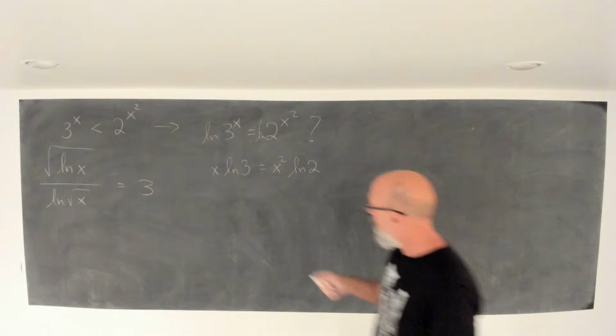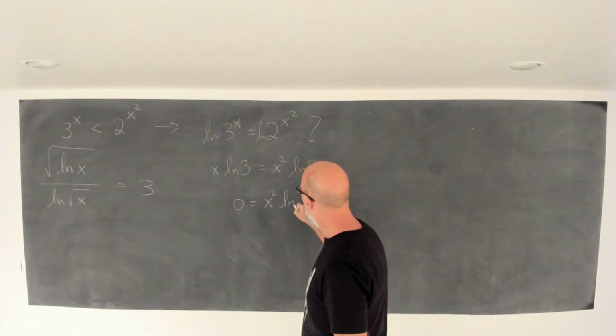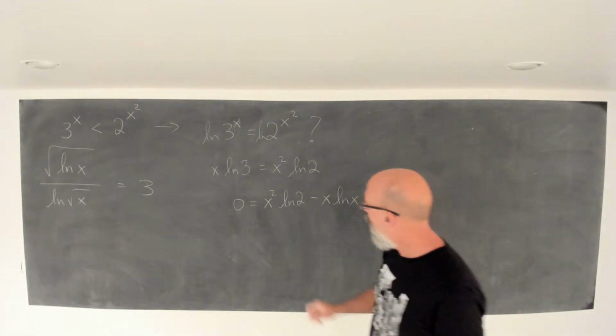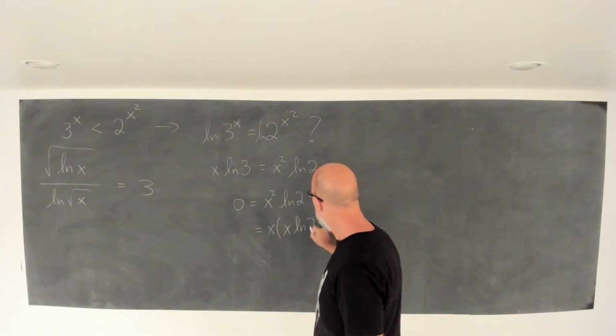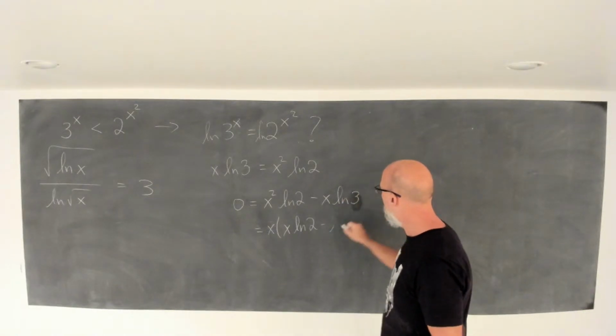Bring everything to one side. Factor out an x. This is ln 3, sorry.